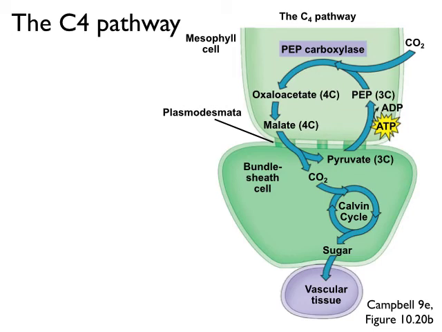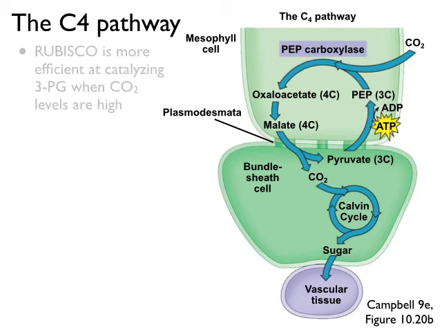So the difference with C4 plants is that they separate carbon fixation, which occurs in the mesophyll cells, by an auxiliary set of reactions from the Calvin cycle. And the Calvin cycle actually occurs in the adjacent cells, in the bundle sheath cells. So again, we have to do this because rubisco is more efficient at catalyzing 3-phosphoglycerate when carbon dioxide levels are high. When they're low, we would get a lot of unintended products.